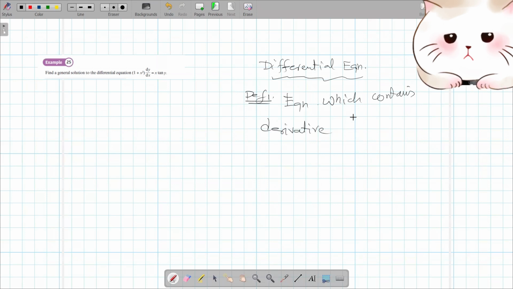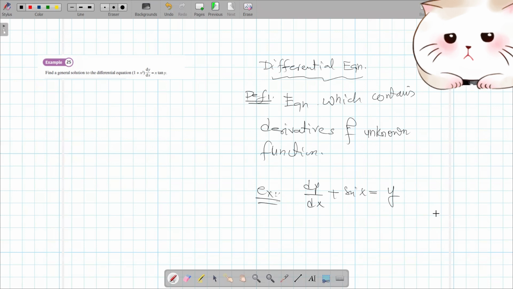It can be an ordinary derivative or partial derivative, or a derivative of any order of the unknown function. For example, dy over dx plus sin x equal to y.